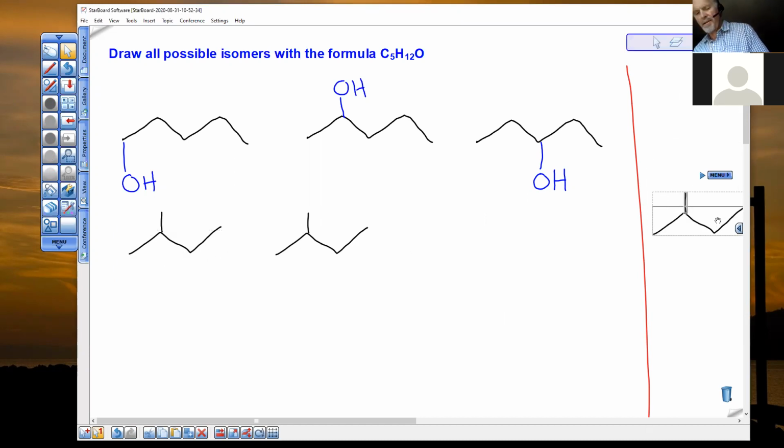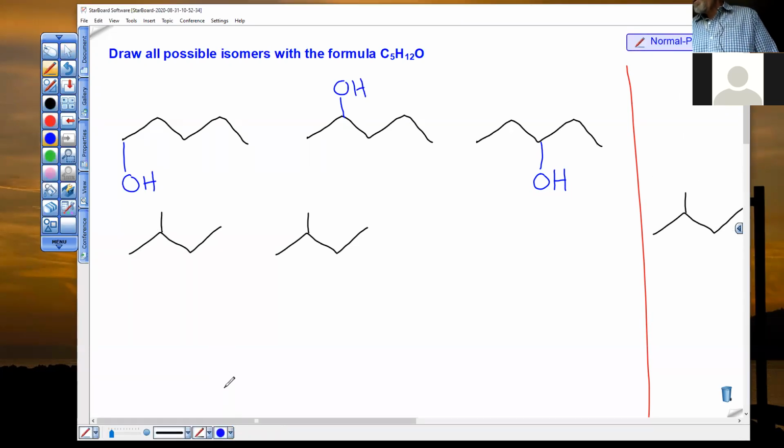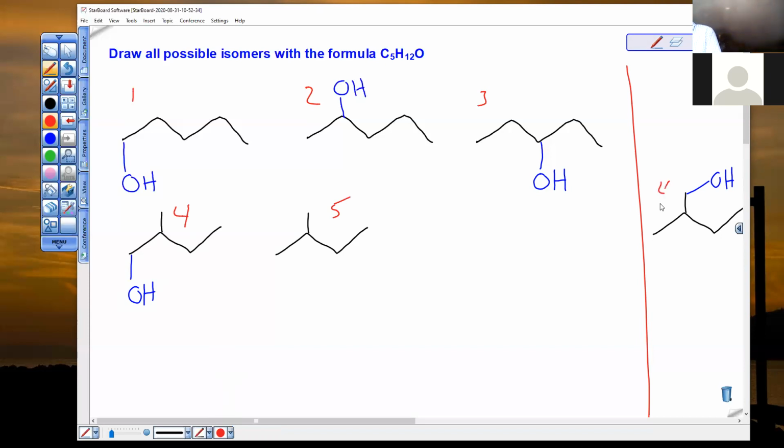Not unique. Putting it here is the same as putting it here. And let's just go 1, 2, 3, 4, 5. This is the same as 4. Not unique.